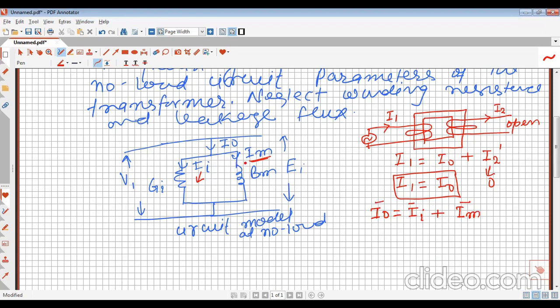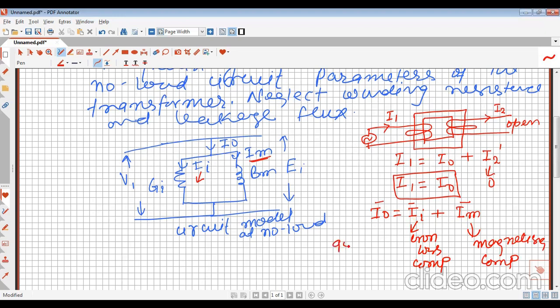So here we can see very clearly that this I naught is the summation of the iron loss component and this magnetizing component. And this magnetizing component is very big as compared to the other component.